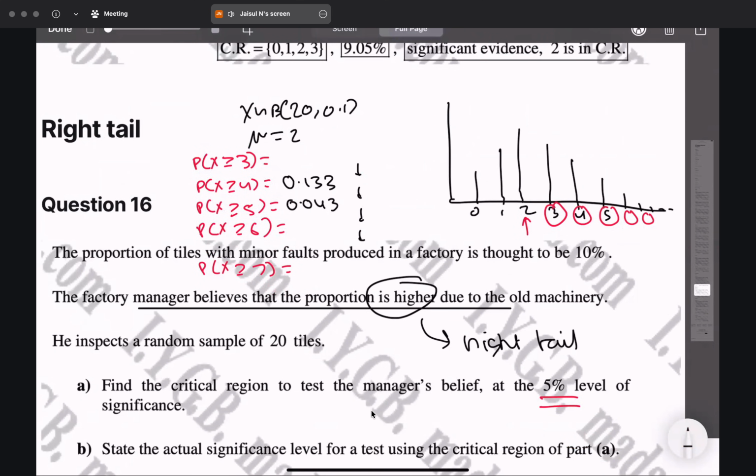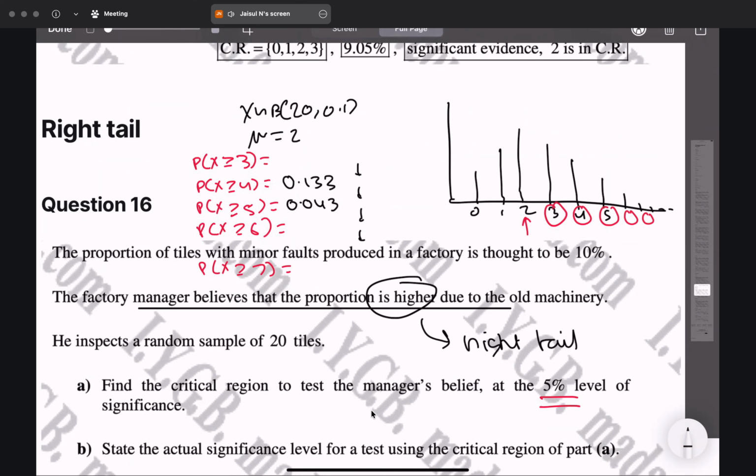So if I told you that 2 tiles are going to have a fault, and in the end you checked 20 tiles and you found 3 of them with a fault, would you say I told you the wrong probability? Yeah. No, but it's just a guess, right?